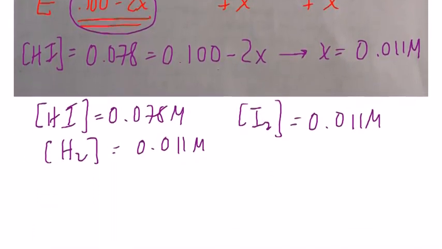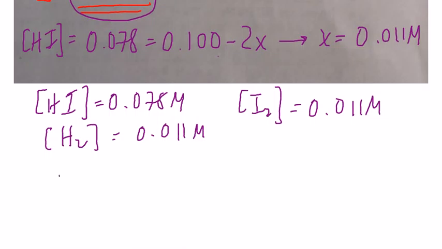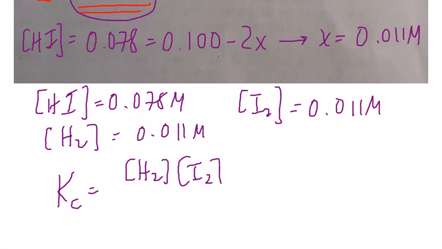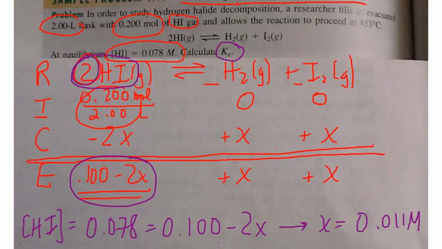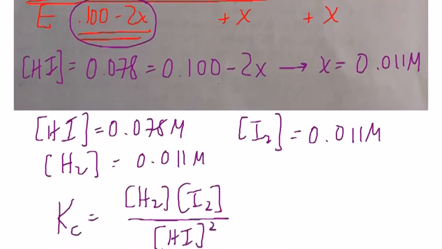I do have these concentrations now, and according to the balanced chemical equation, Kc is going to be H2's concentration times I2's concentration divided by HI's concentration squared. As I look back up, there was the 2 in front of the HI, so that concentration is squared.